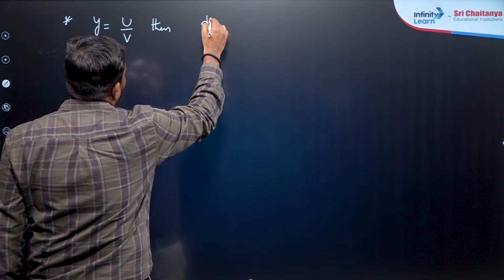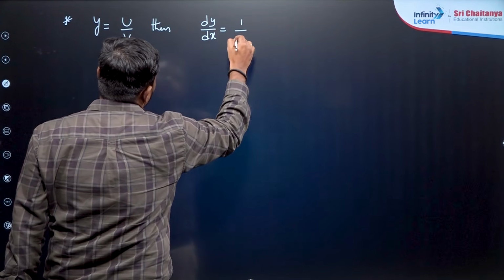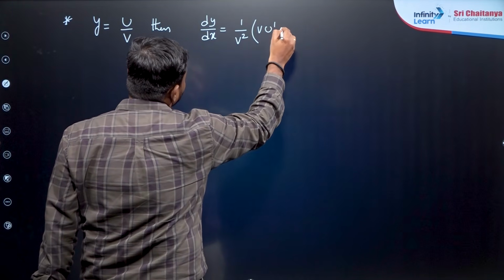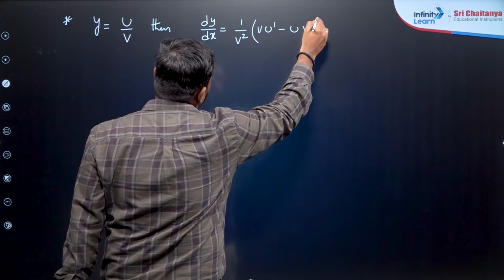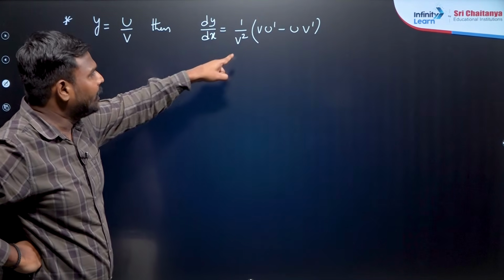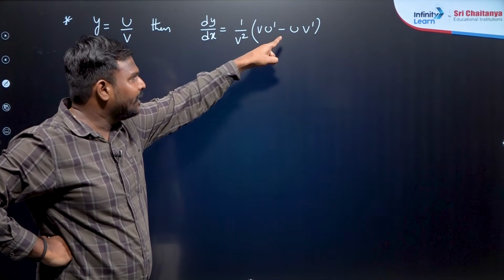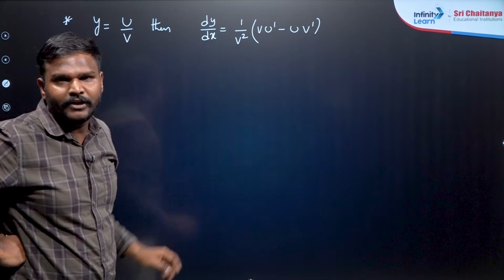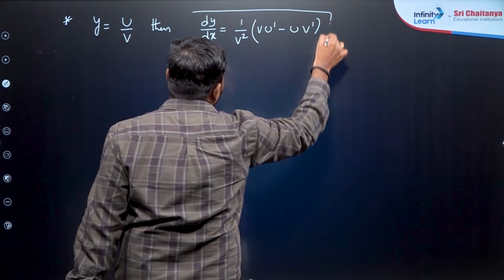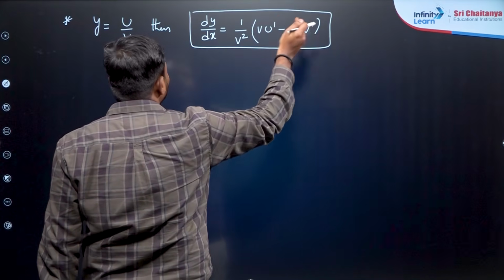Then what is the formula for the fraction? dy by dx is equal to 1 by v square into v u dash minus u v dash. That is, 1 by the square of the denominator into denominator multiplied by the derivative of the numerator minus numerator multiplied by the derivative of the denominator. This is the formula for this question. We must keep it in mind: 1 by v square into v u dash minus u v dash.